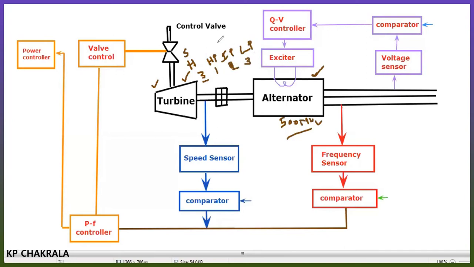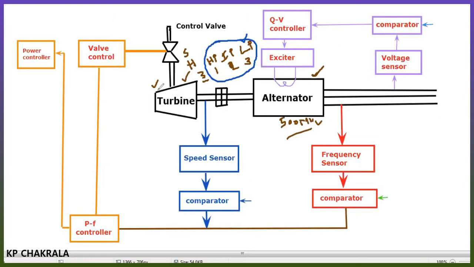Moreover, all these three turbines are coupled together, which forms the turbine system, and it will be coupled to the alternator. That means the high pressure turbine, intermediate pressure turbine and low pressure turbine are all coupled together and form the turbine system.